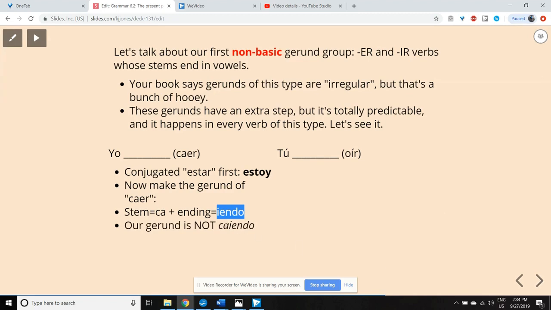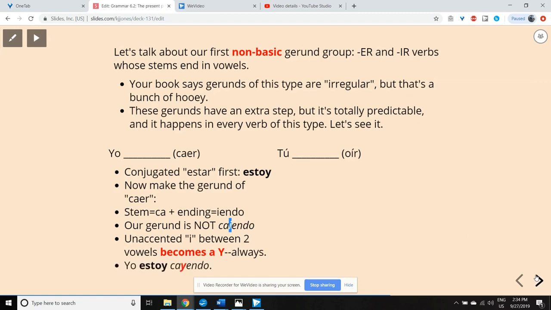But our gerund is not C-A-I-E-N-D-O. No, ma'ams and sirs. An unaccented I between two vowels always becomes the semi-consonant Y. Always. This is a rule in Spanish. It's not irregular. So it's not C-A-I-E-N-D-O.